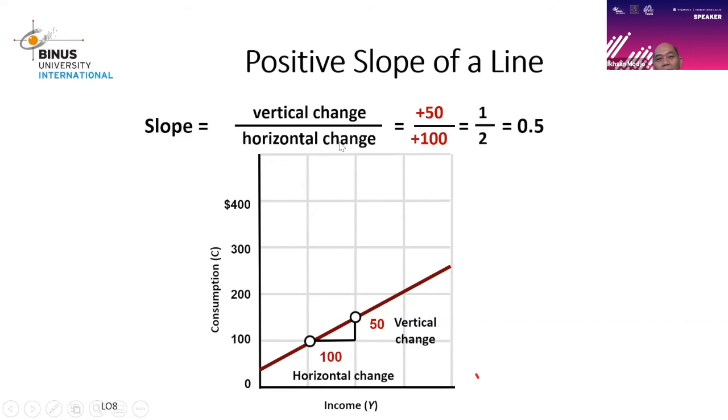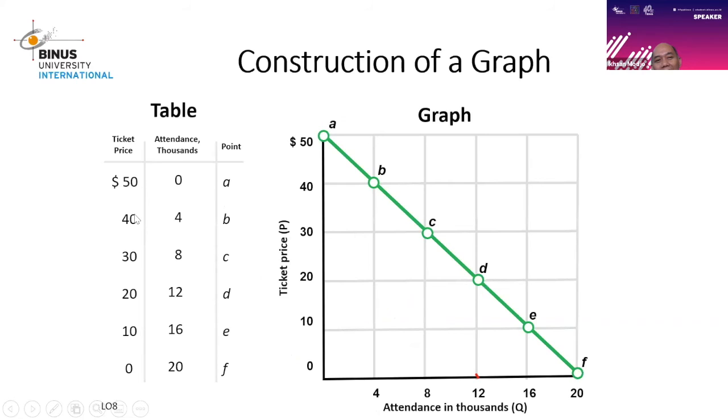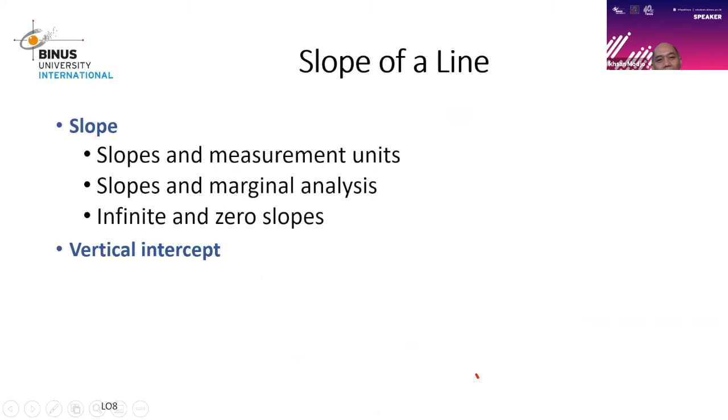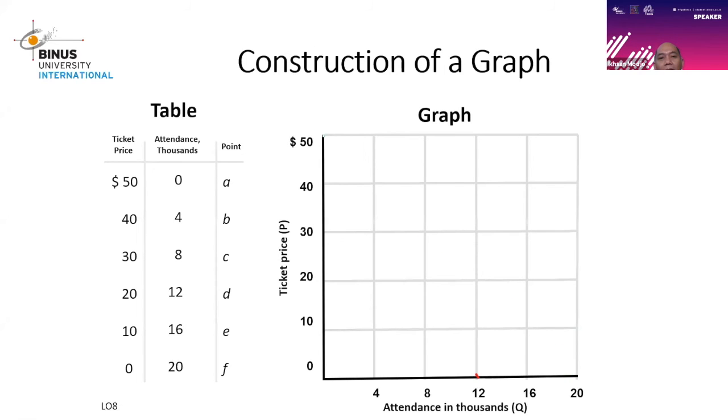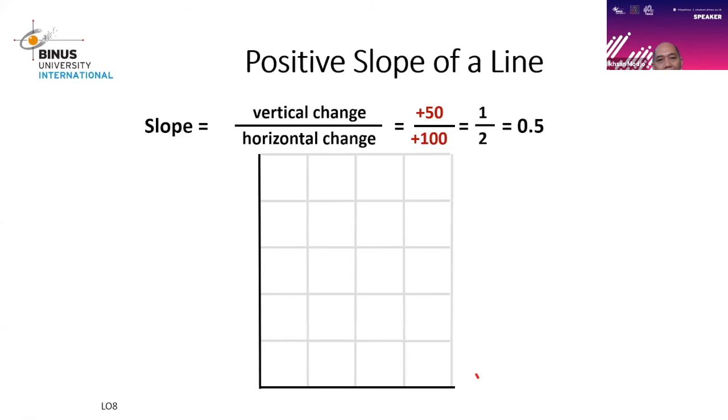So if you go back to this, so this is going to be the change in ticket price divided by change in number of attendance. Why? Because ticket price in the vertical axis and attendance in the horizontal axis. Then the slope is very important. Again, as we show when we draw the graph of the consumption functions. So let's see.